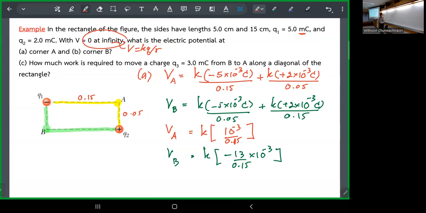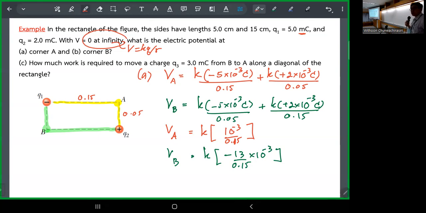Now, the important question is part C, the third question. How much work is required to move the third charge from B to A along the diagonal of the rectangle? That's the main question. I want to drag the third charge from B to A diagonally.